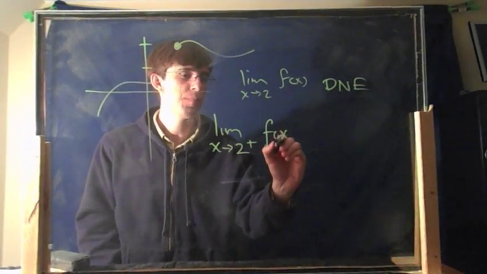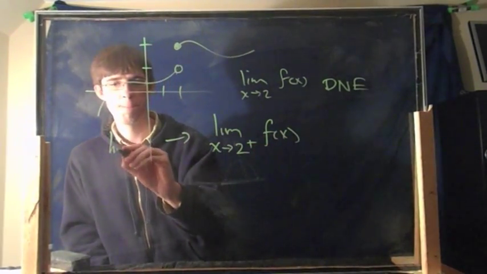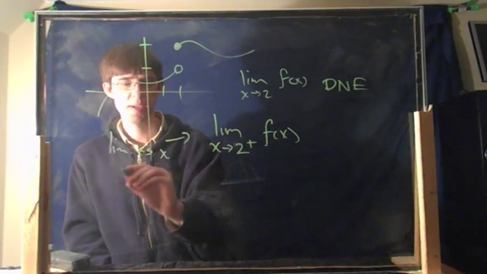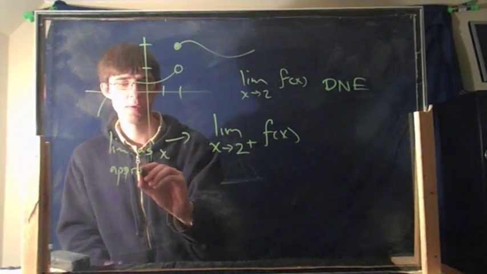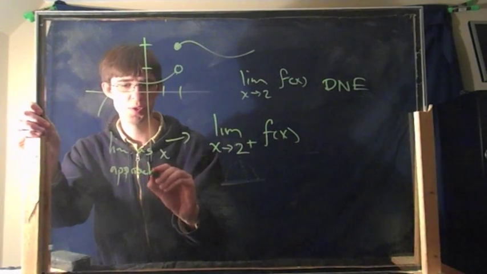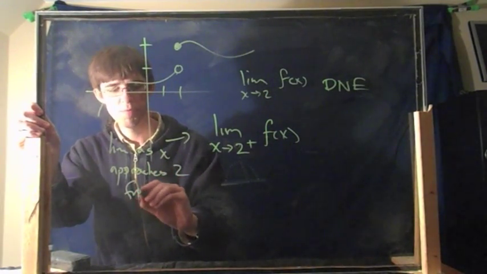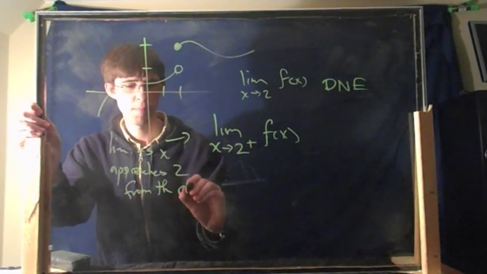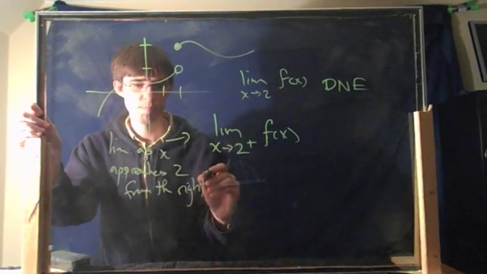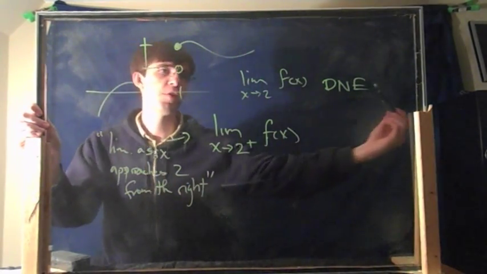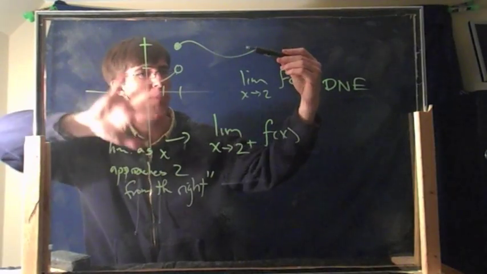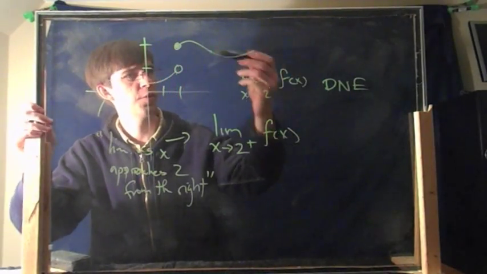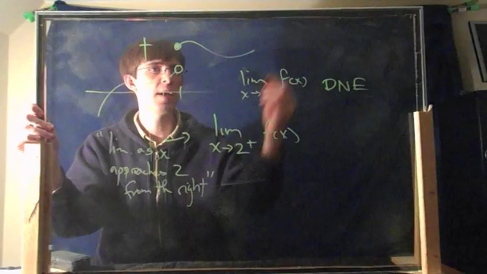This is the limit as x approaches, this is how you read this, 2 from the right. It means you look along the curve, but from this direction. You don't care about this side. You look on the curve from this side. And what do you get?